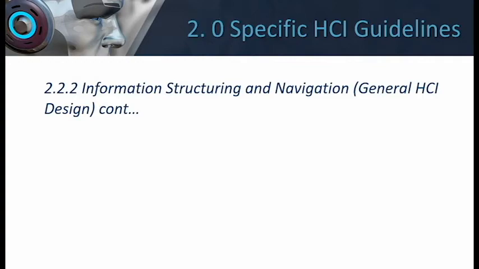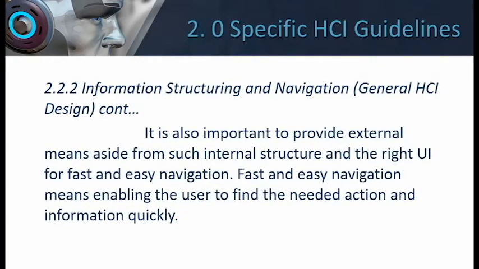So aside from such internal structure, it is also important to provide external means and the right UI for fast and easy navigation. Fast and easy navigation means enabling the user to find the needed action and information quickly.